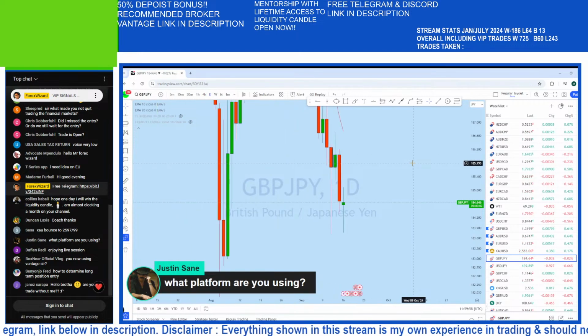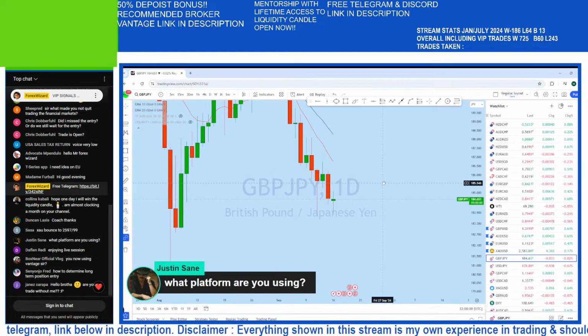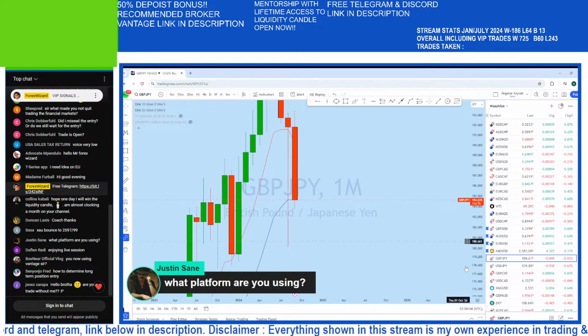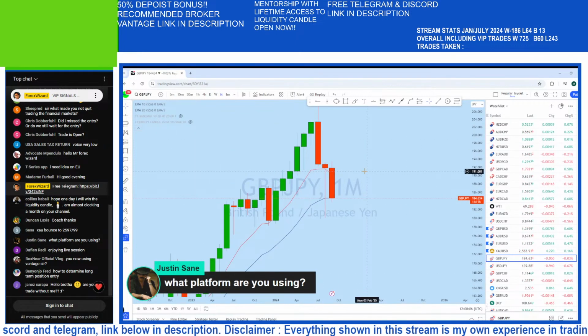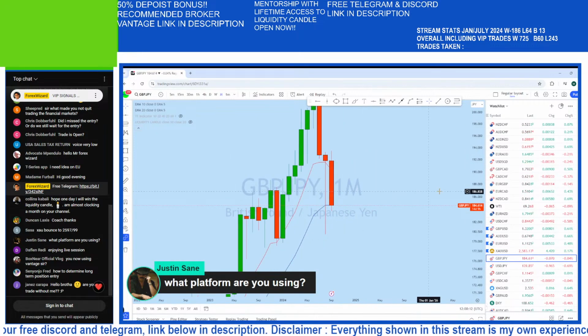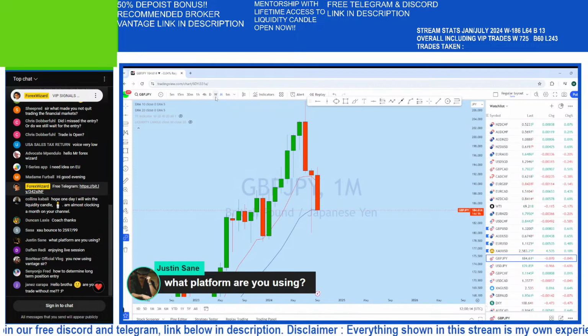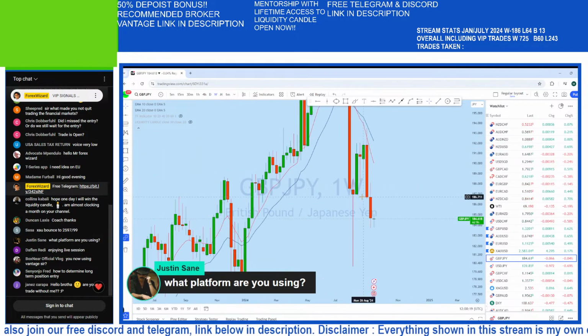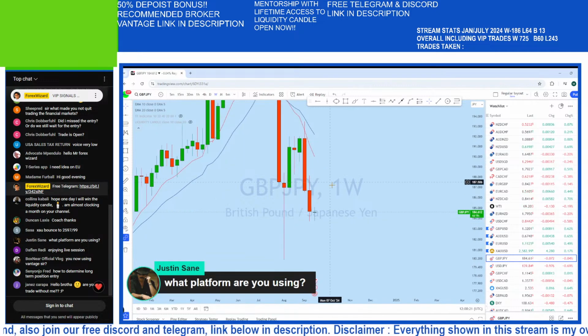If we look first of all at the monthly on GJ to see how GBPUSD is doing, we can see that from the monthly, this is a very strong bullish market structure on GBPUSD.